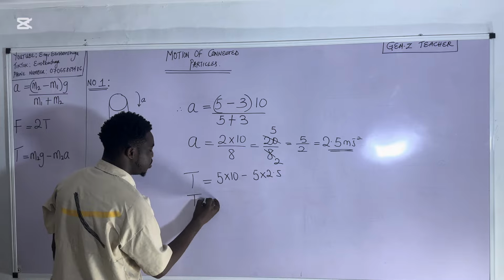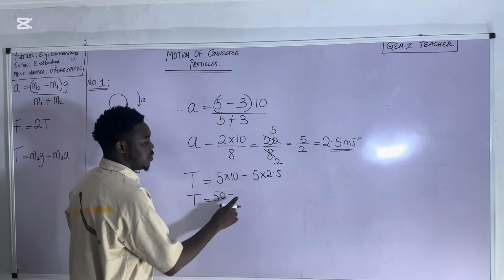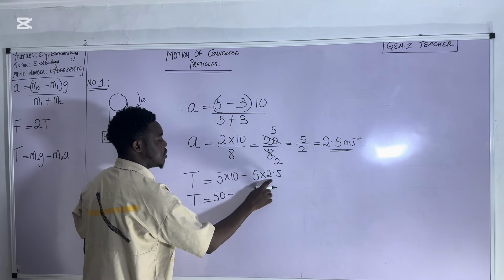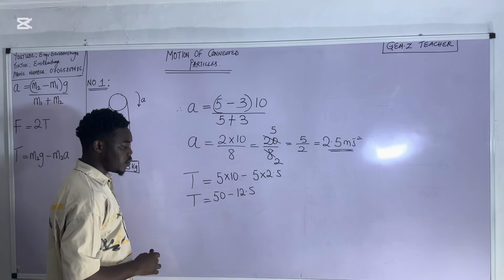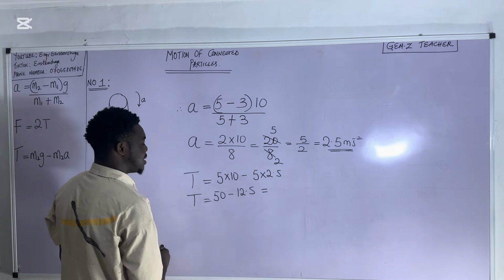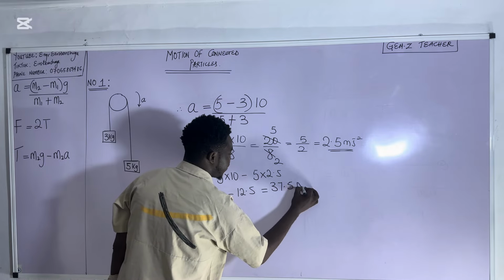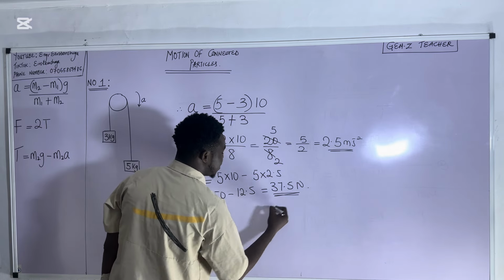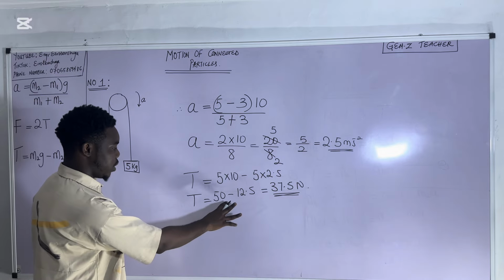So the tension becomes 50 minus, what will you get here? 5 times 2.5, 5 times 5, 25. That looks like 12.5. Okay, so subtracting these values, this should be around 37.5. 37.5 Newton becomes the tension. Okay, if I got that correctly.